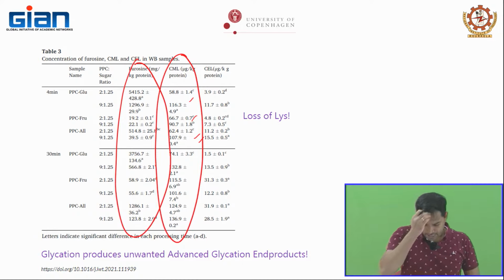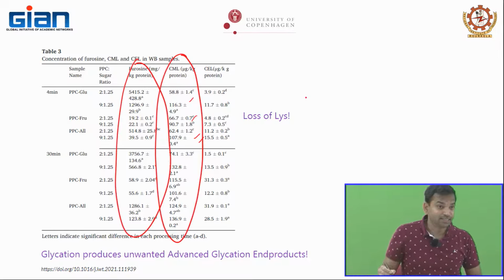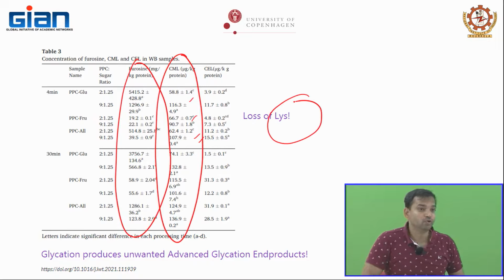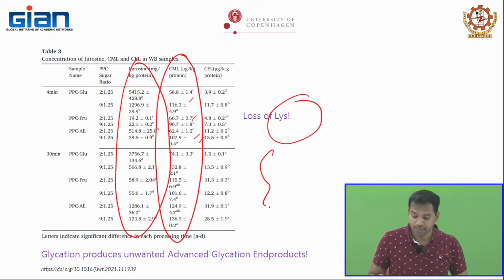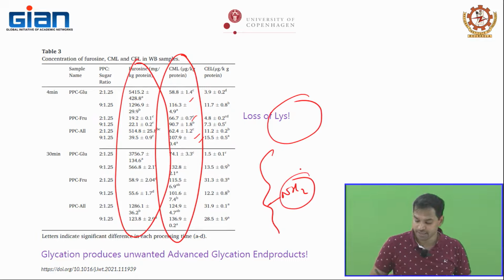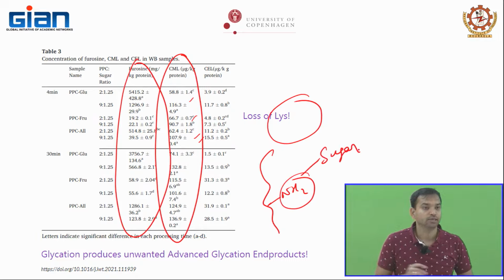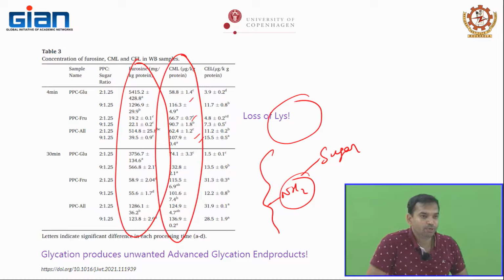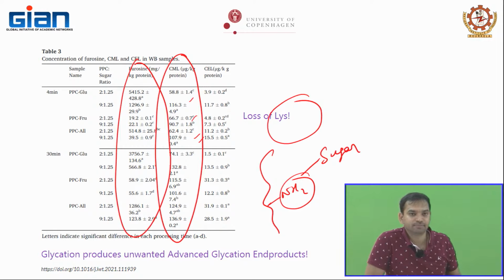Okay. One of the biggest challenges here is that due to the glycation, we lose the lysine. Lysine is an essential amino acid. During glycation, you basically react mainly with lysine residues. Lysine reacts with sugar. So, most of the plant proteins have less lysine, and now you are modifying them.